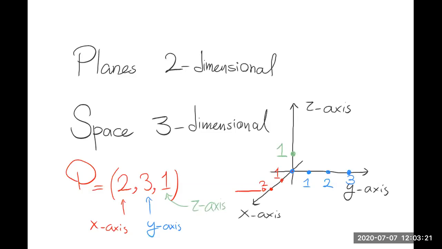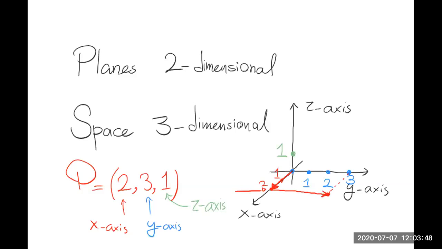How? On the x-axis we have 2, so from the origin we start and get to 2. Then on the y-axis it is 3, so I would go towards the right by 3. I would get to this point. You see, it's parallel to the y-axis.